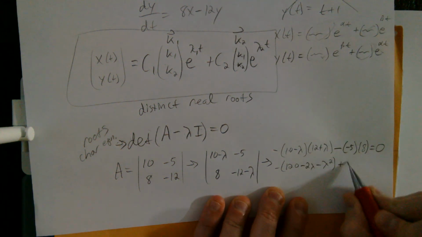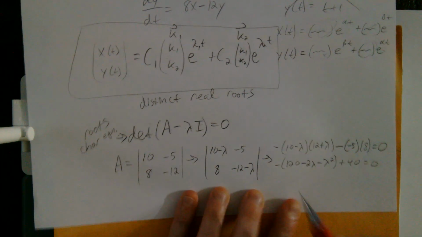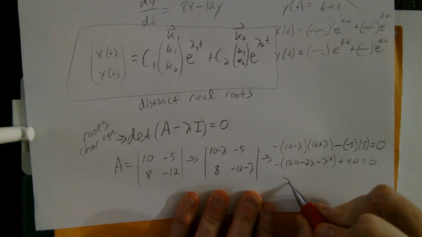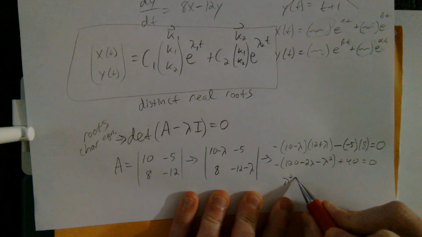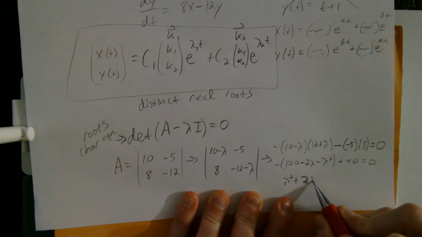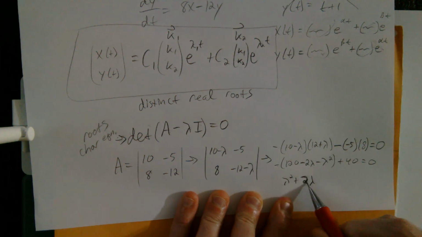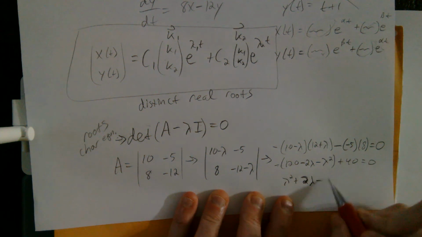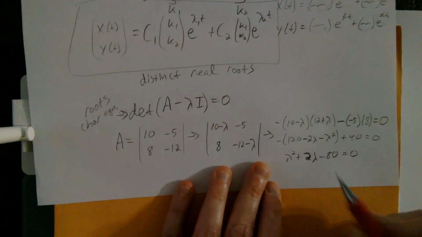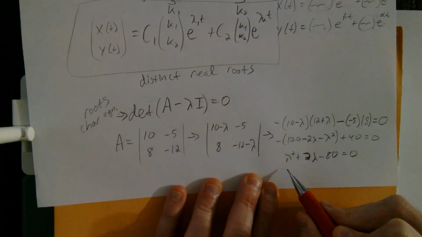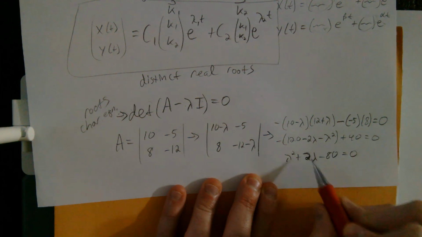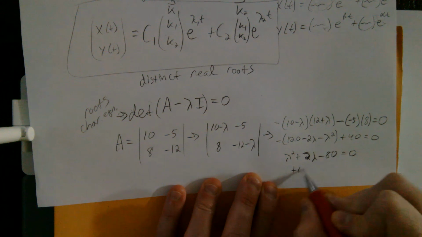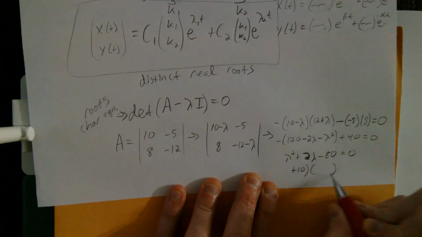Negative times negative is positive 40. Distribute the negative, we get lambda squared plus 2 lambda, minus 120 plus 40, which is minus 80. Factor this. We have an 8 and a 10, that gives us 2, plus 10, minus 8.